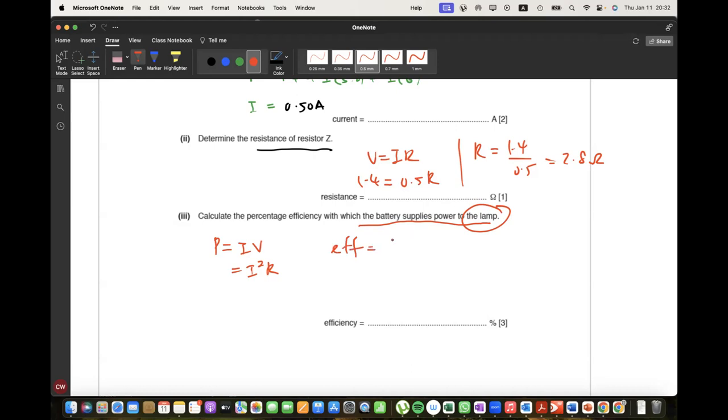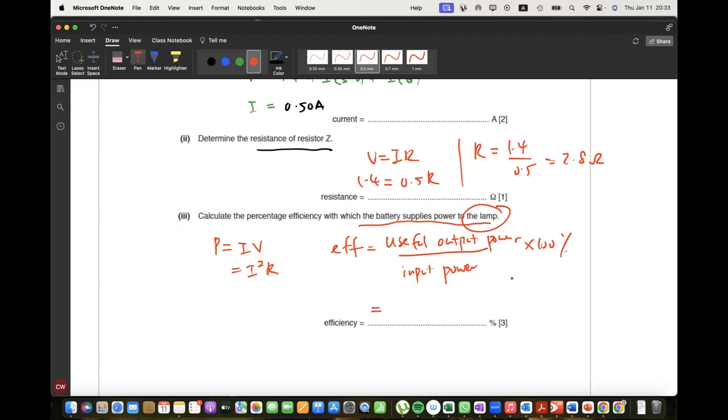Useful output power over input power times 100%.